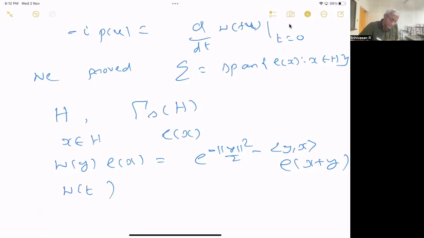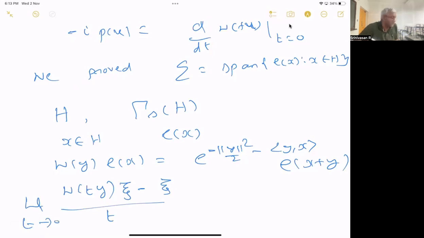Now this gives a one parameter group, and now W of tu acts on E of x, and it is extended everywhere. But at least it is differentiable on E of x. If you take any xi where this limit exists, you take all those xi such that this limit exists: W of tu xi minus xi, because W of 0 is identity, divided by t, limit t going to 0.